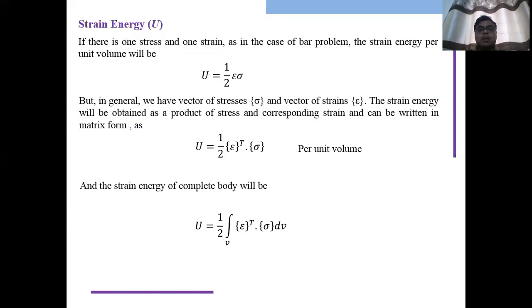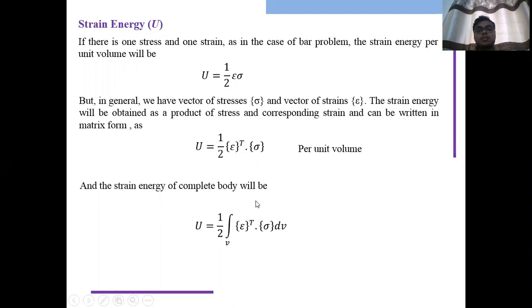Then how do we calculate the strain energy? If there is one stress and one strain, as in the case of a bar element, the strain energy per unit volume, from a simple concept of strength of materials, is half of strain into stress. In vector form, we indicate it like this.